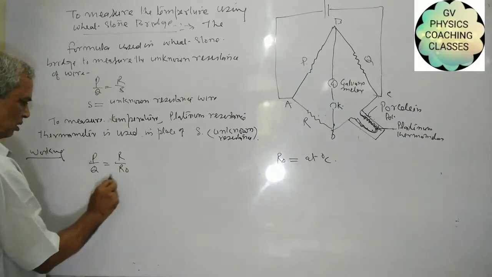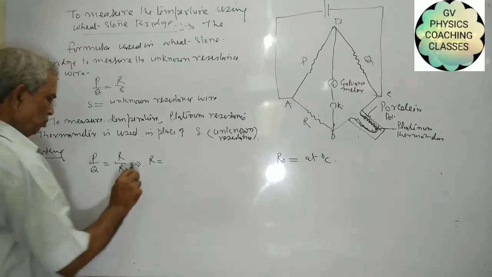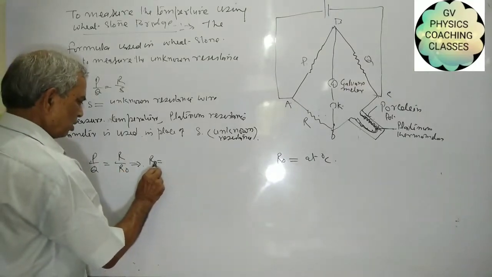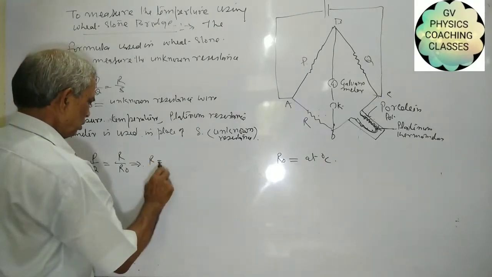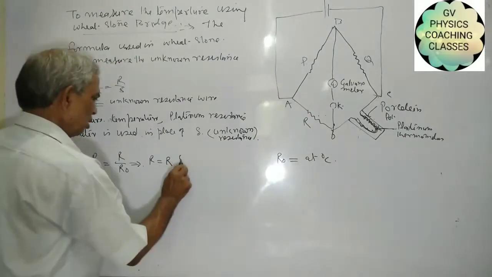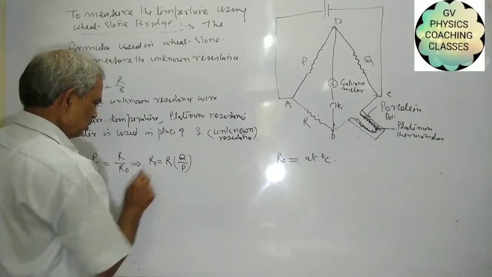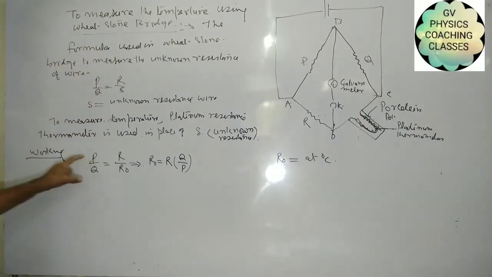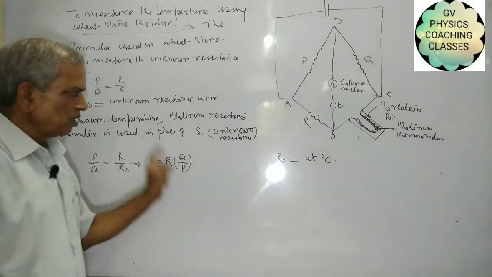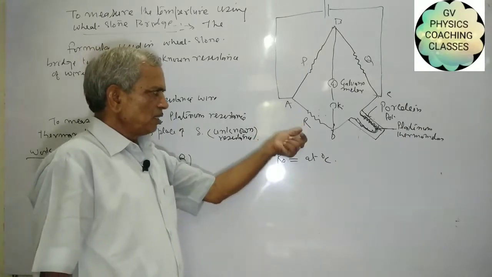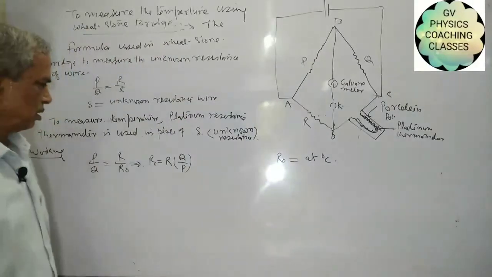Then R0 equals R into Q upon P, where R is the resistance which is adjusted to get zero current in this B and D branch.